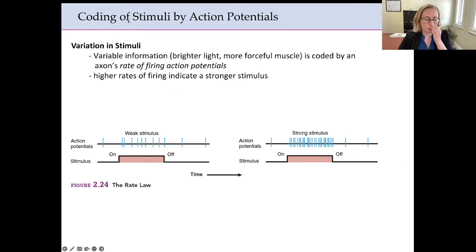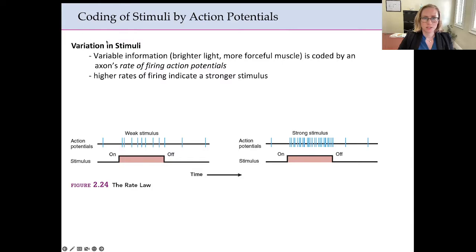So we have neurons that only do visual coding, neurons that only do auditory coding, or motor coding, right? But when we want to have a neuron tell you what type of stimulus this is, you have to do it through the changes to the action potential.